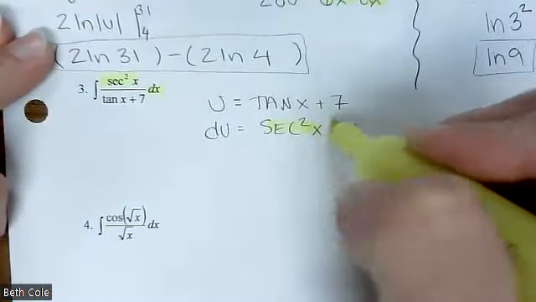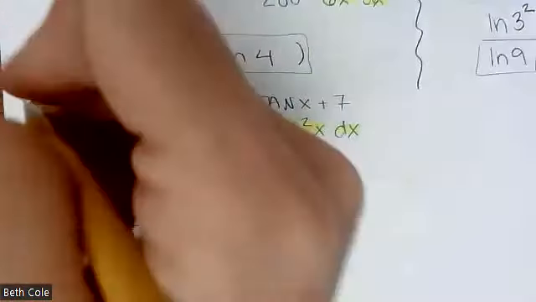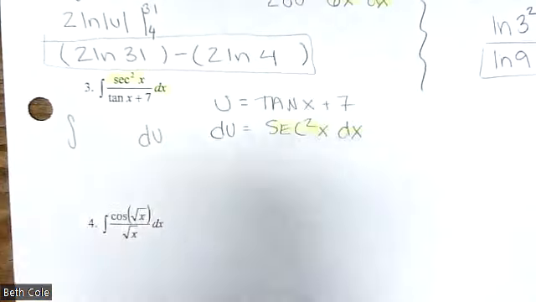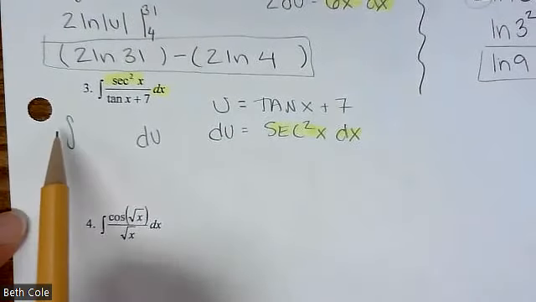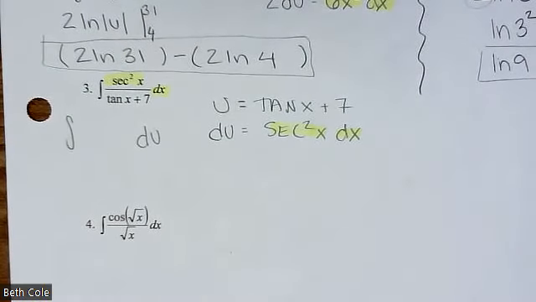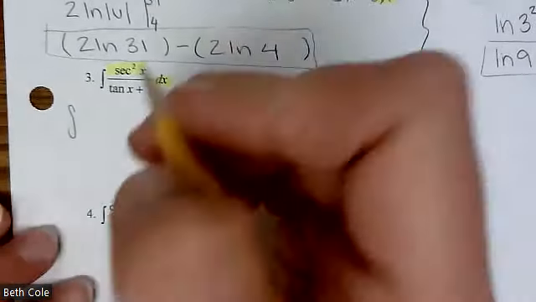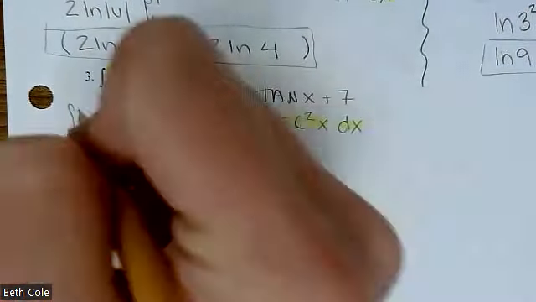So we're going to replace secant squared x dx with just du. It does bother people sometimes when there's not an adjustment number. If you think that's going to bother you, just put a 1 out front. And so what's left? 1 over u.